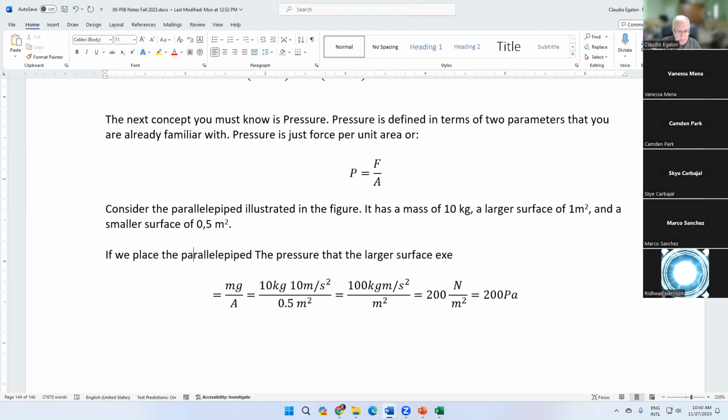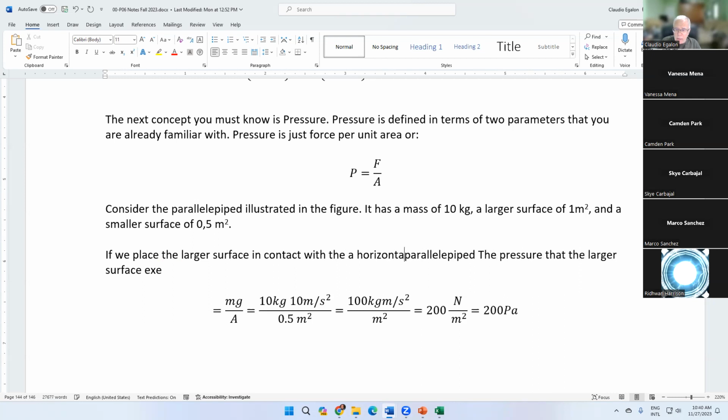If we place the larger surface in contact with a horizontal plane, the parallelepiped will exert a pressure given by the following.